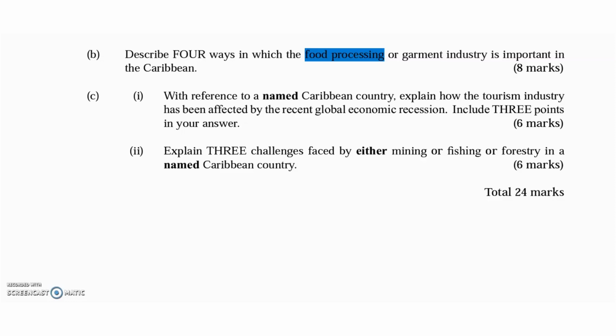So the food processing industry is an industrial activity which falls within the criteria of secondary economic activities.